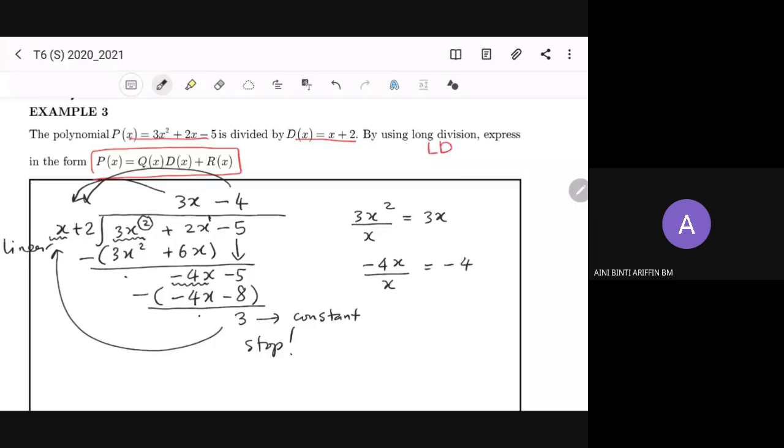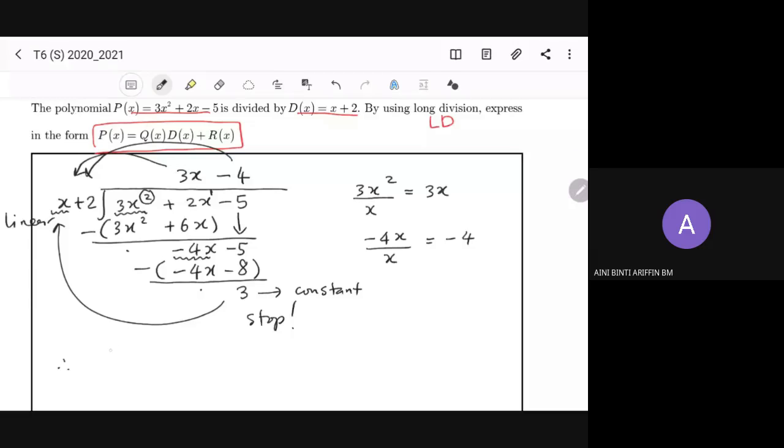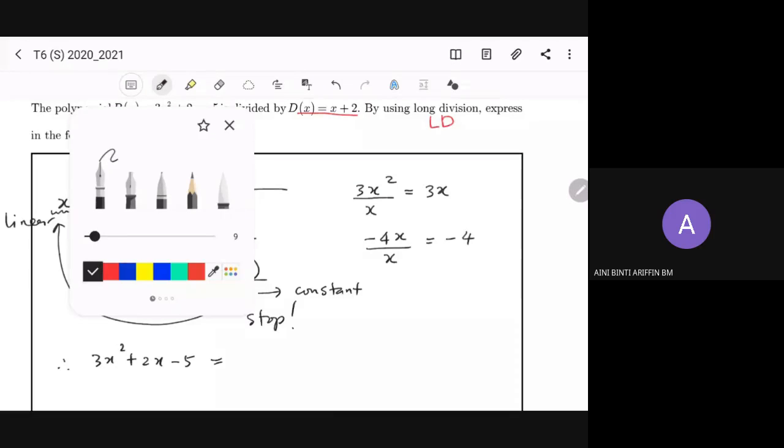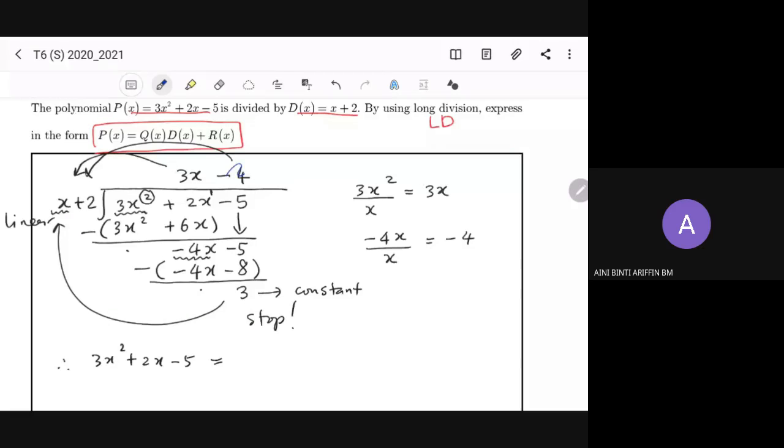Okay. So as the final answer, we write 3x squared plus 2x minus 5 equals, okay, Qx. Which one is Q? The one on the top. So this is Qx. Q is quotient. Q is queen. Queen must be on the top. So write queen: 3x minus 4.